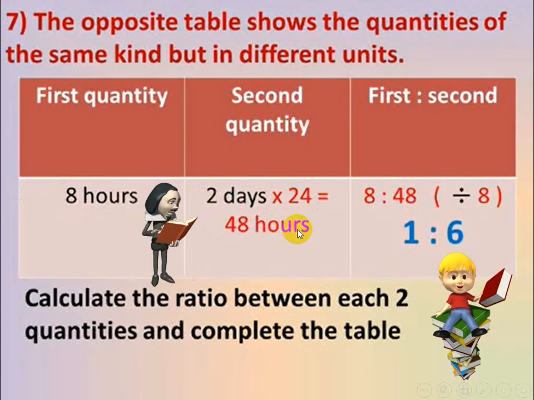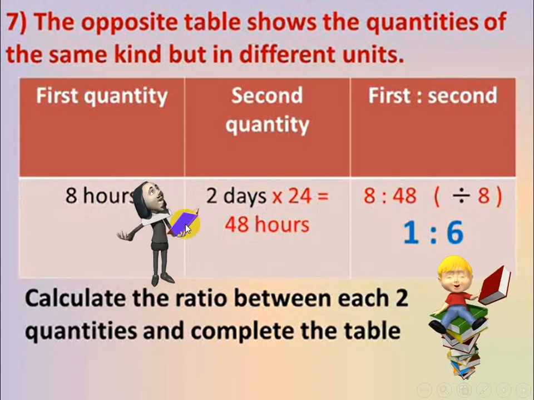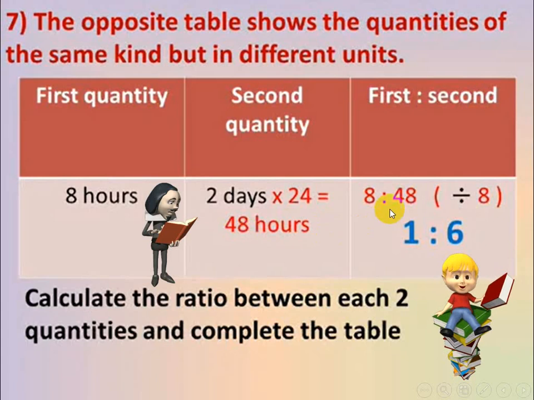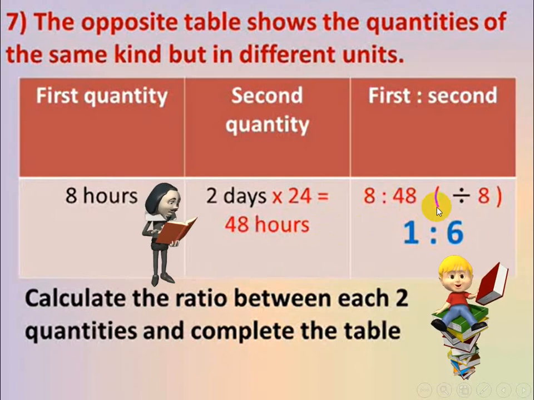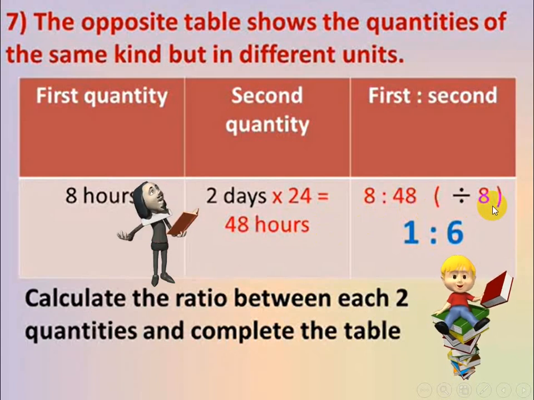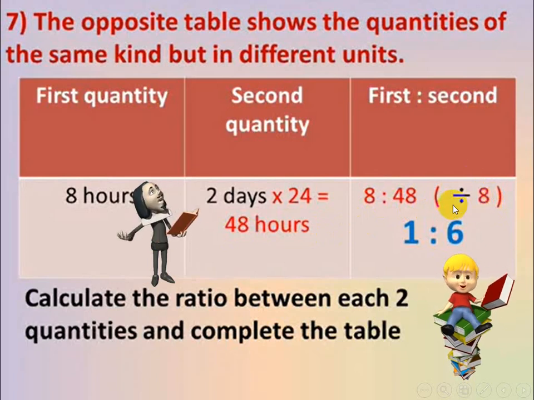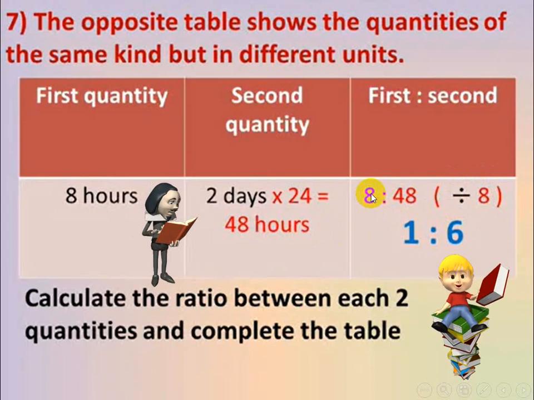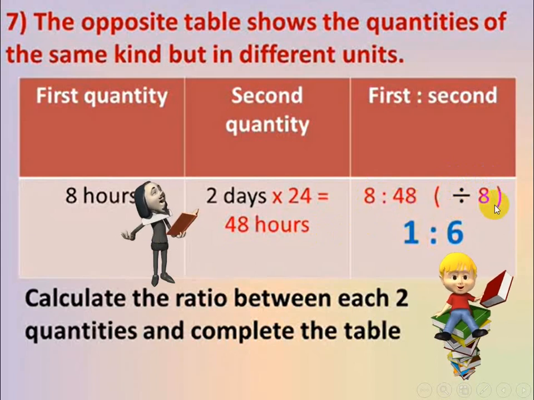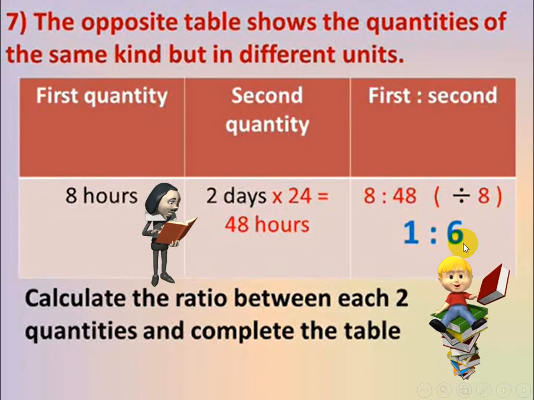So the ratio now will be 8 to 48. 8 and 48 are divisible by 2, by 4, and also by 8. We prefer the greatest, 8. Divide by 8. 8 divided by 8 equals 1. 48 divided by 8 equals 6. 1 and 6 are in the simplest form, so the ratio will be 1 to 6.